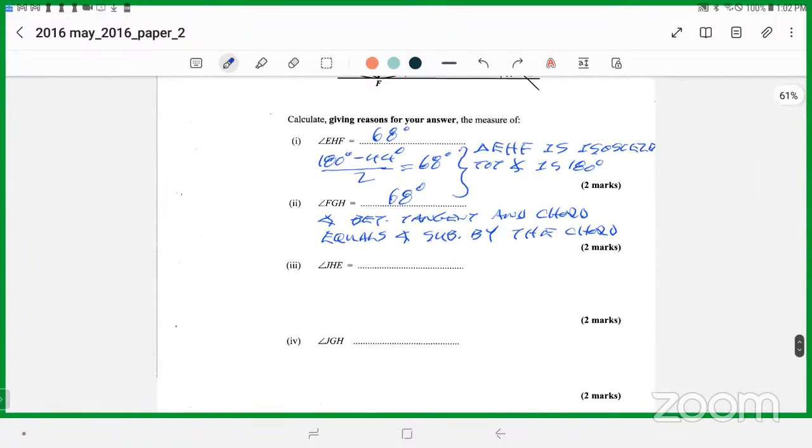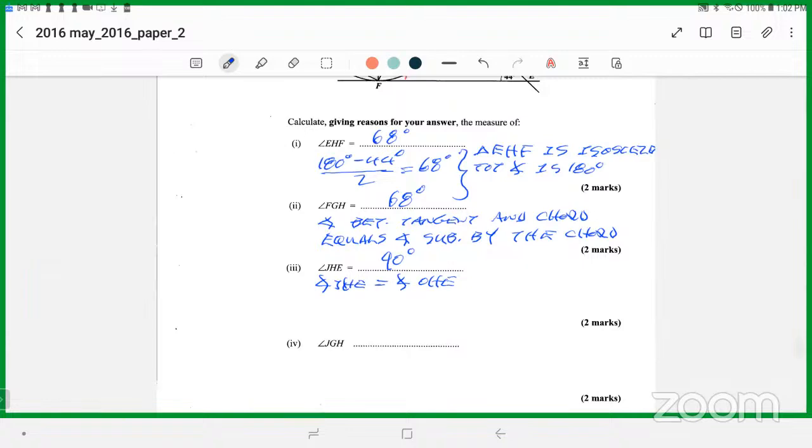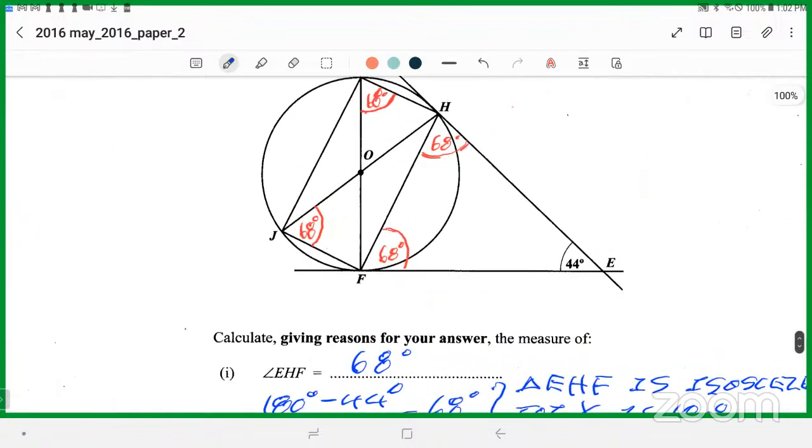Let's go down there, right? The 90 degrees here. I want to say angle JHE is also angle OHE, right? There. Same as angle OHE. It is this 90 degree here.